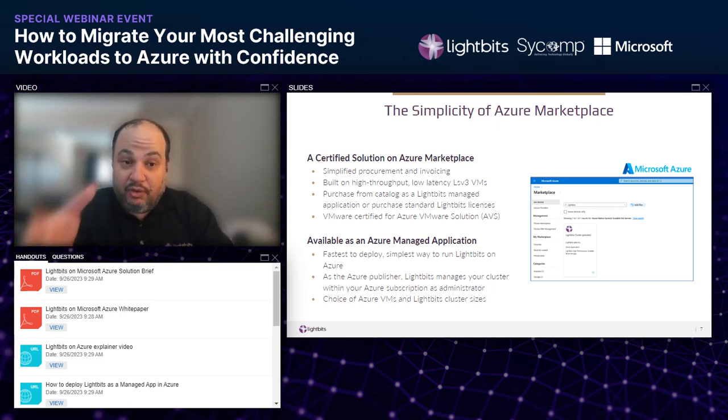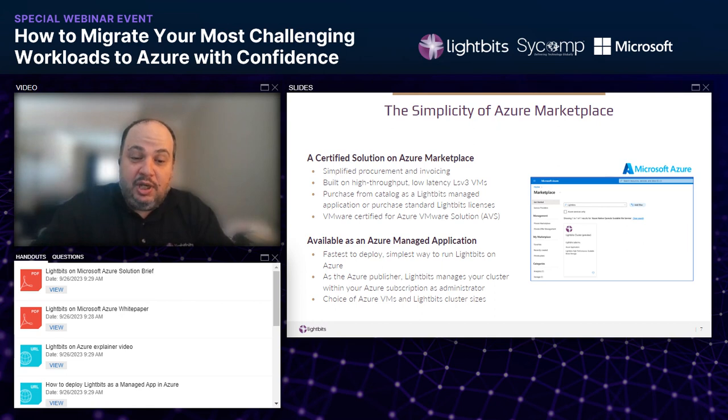You will find our offering. Double-click there. We will ask you a set of very simple questions. For example, what's the cluster size that you need? What's the virtual machine you would like to use based on your initial performance and capacity requirements? And that's pretty much a few clicks. And in a few minutes, you will have a Lightbits cluster up and running on your subscription.